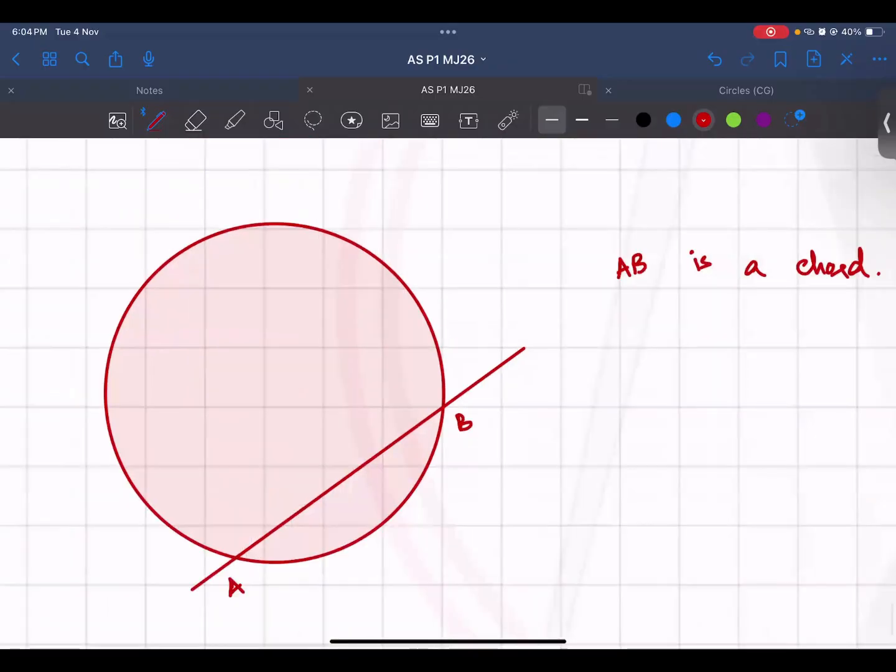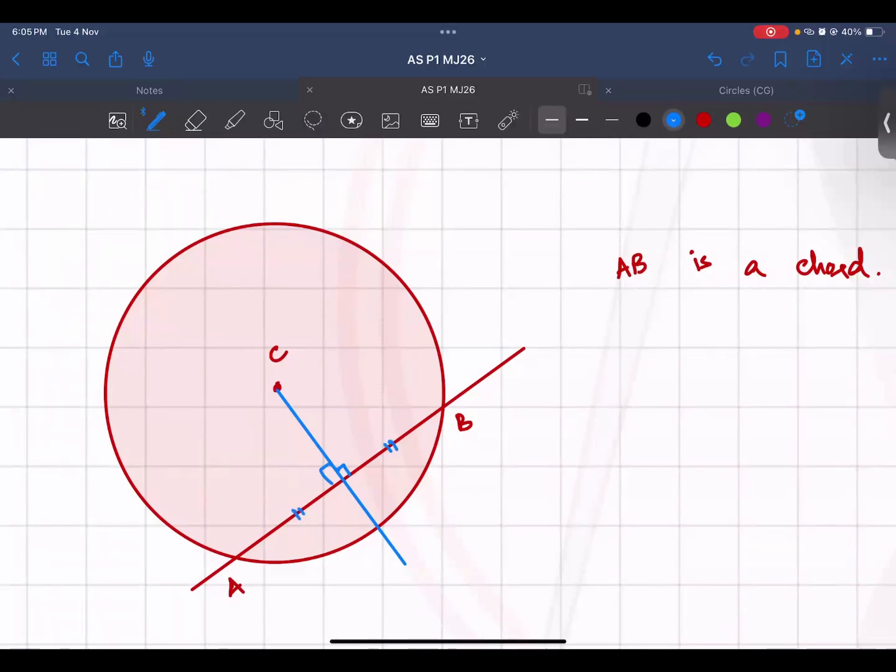And if you have this chord and then you have a center, this is your center. And if I drop a perpendicular from the center to the chord, this will bisect it.